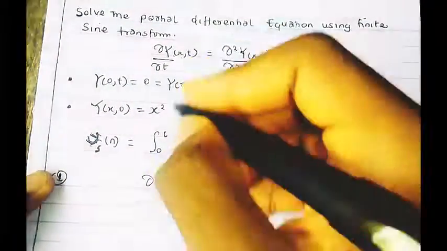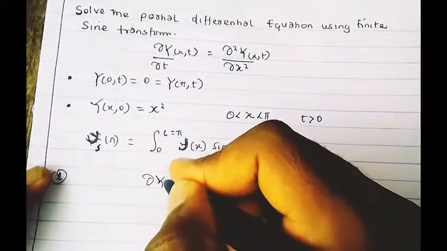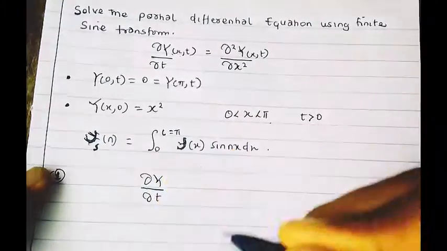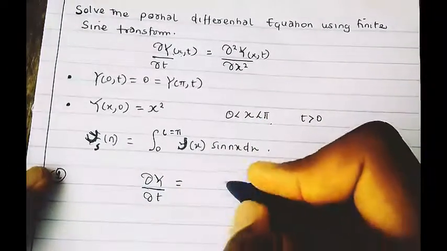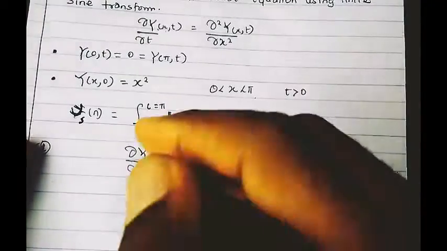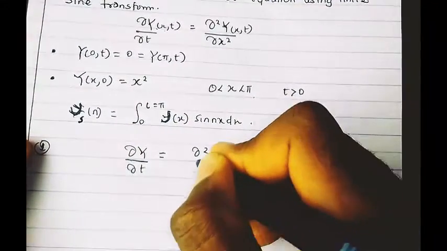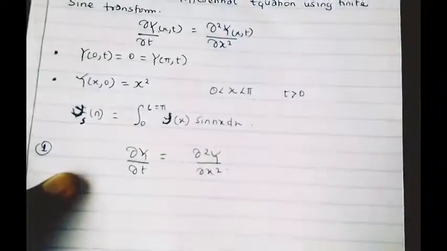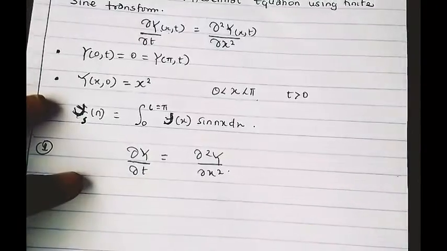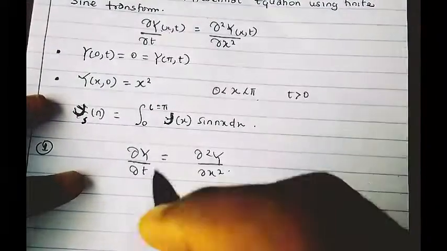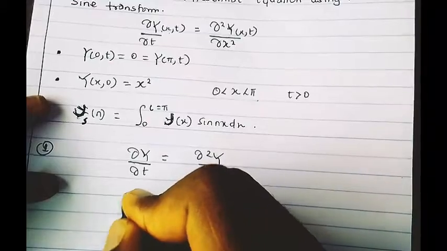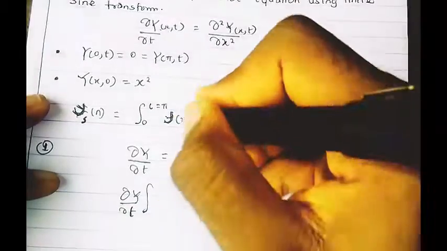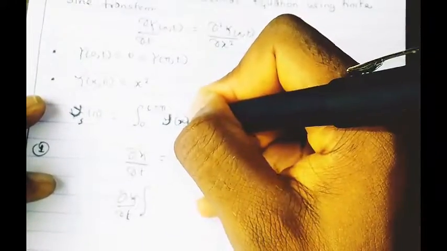Since the equation given in front of us is dy, and y is a function of x and t, no need to write it, so we just write dy dt is equal to d square y divided by dx square. Now we multiply through by the transform itself. So we'll now have dy dt, and remember y here is going to be a function of x and t.